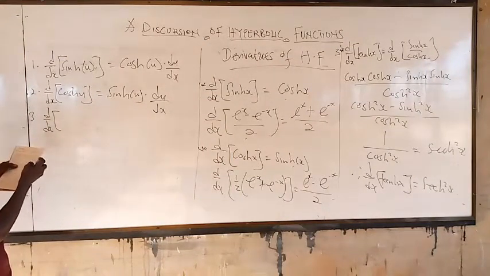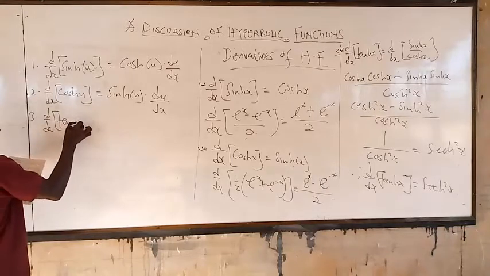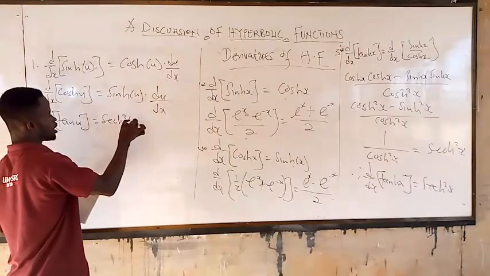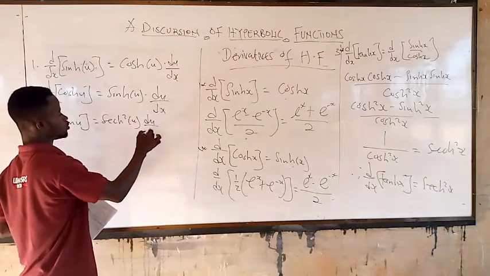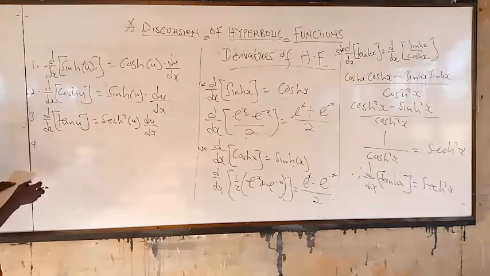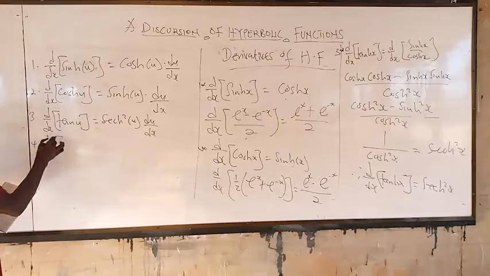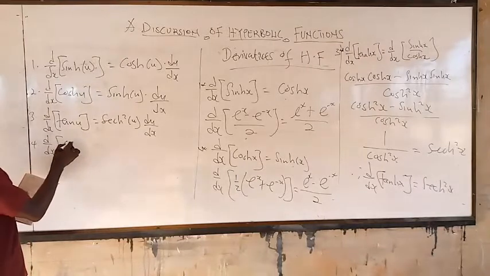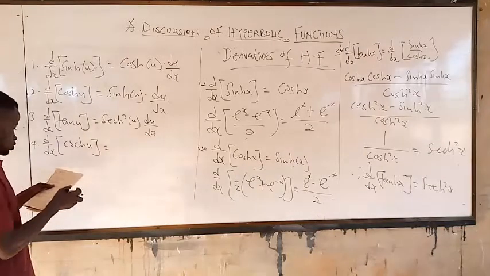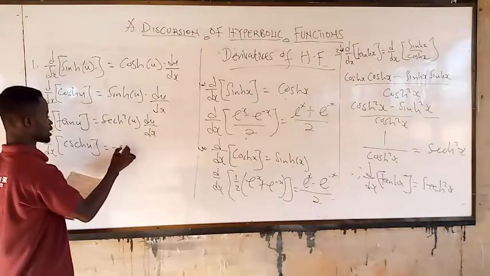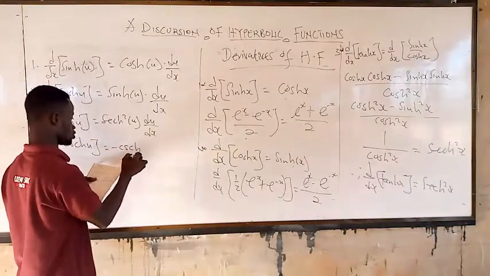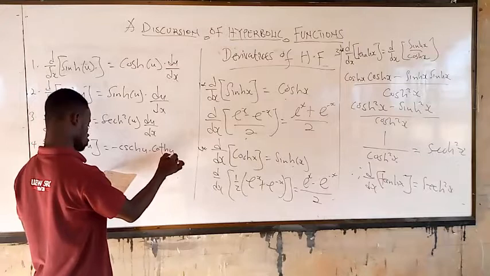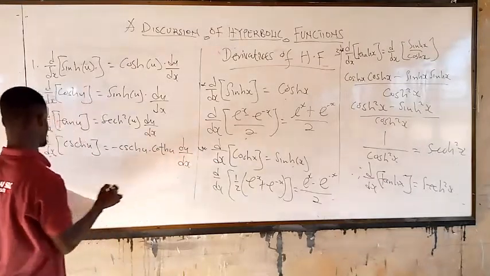3. The derivative of tanh u will be equal to sech square u du ds. 4. The derivative of cosech u will be equal to negative cosech u times coth u du ds.